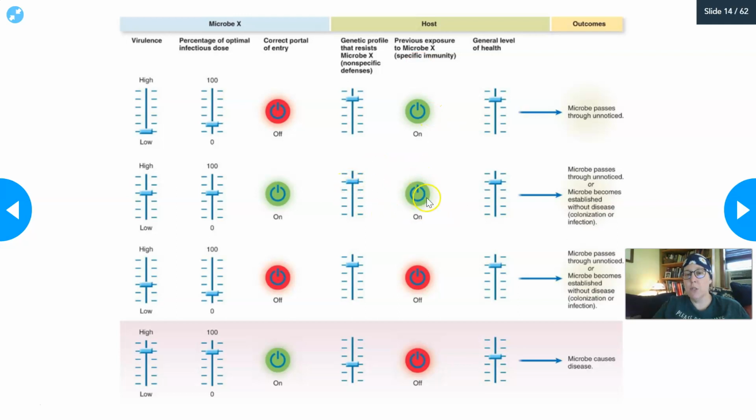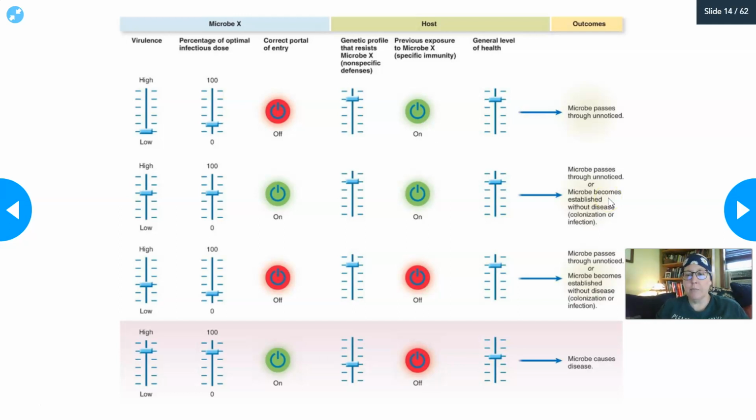Maybe you were exposed to it previously, and you've already recovered and you have a good immune system, right? So that would be my husband currently. He had coronavirus, but he's immune to it now. So even if he gets exposed here, and he's in good health, for him, the microbe more likely is going to pass through unnoticed, or it will become established without disease. So it's colonization without infection.